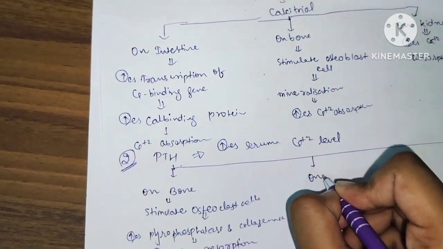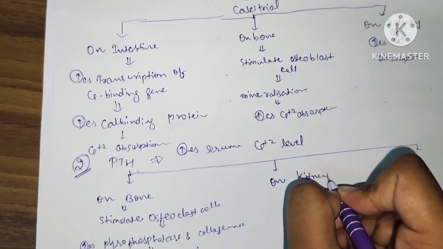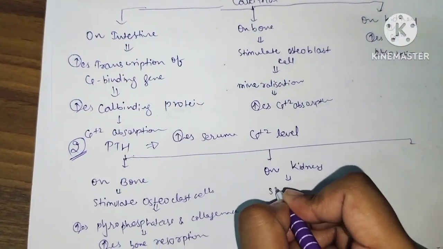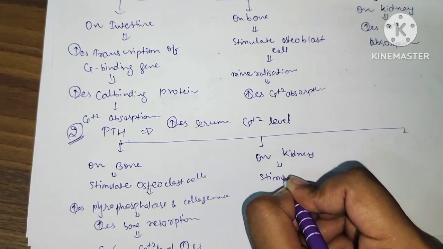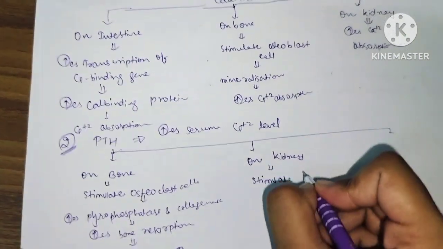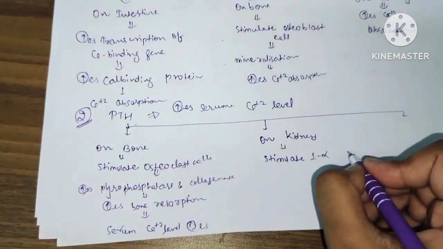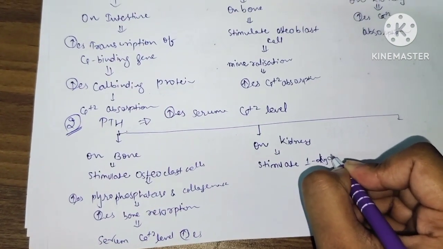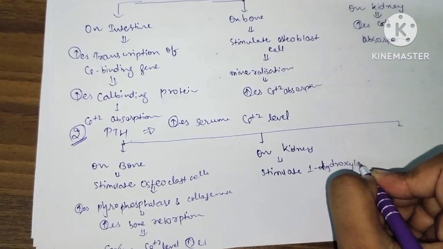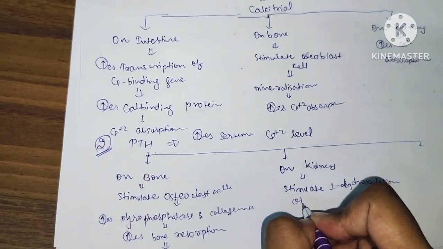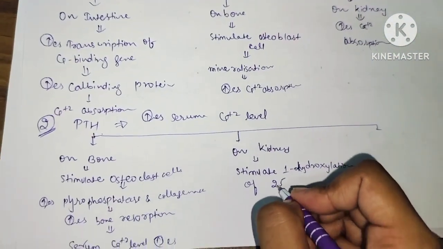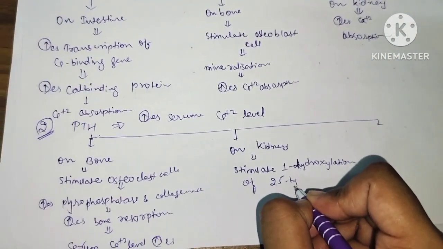Second, action on the kidney. Parathormone stimulates the 1-hydroxylation of the 25-hydroxycholecalciferol.